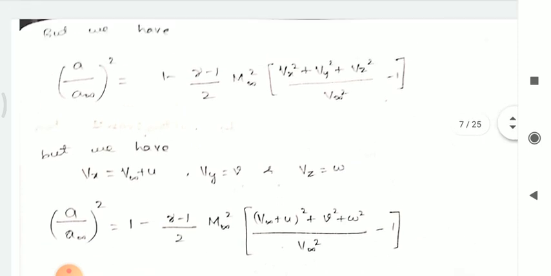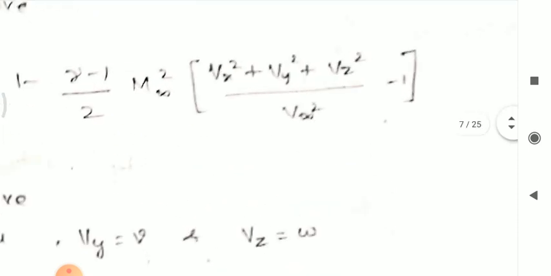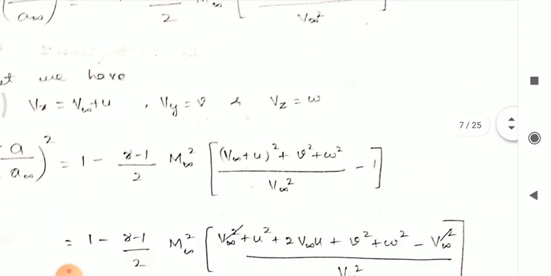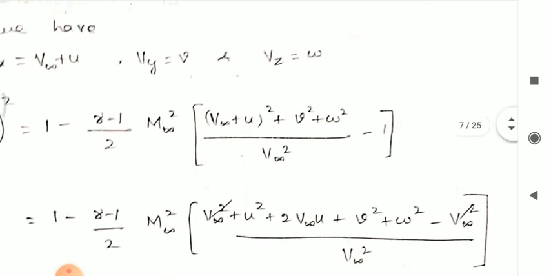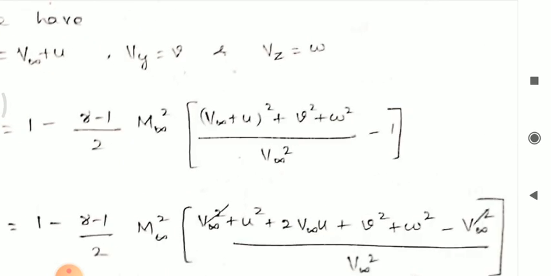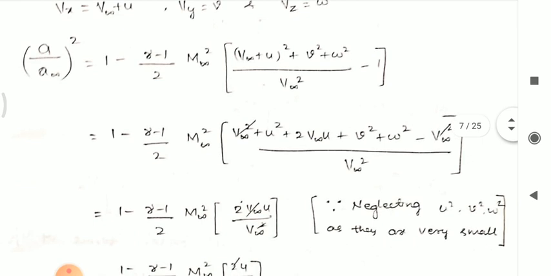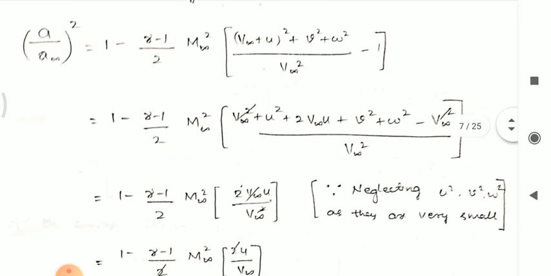Now Vx, Vy and Vz, what we had here, you have to substitute with V infinity plus u, small v and w. Then Vx becomes (V infinity plus u) whole squared, plus small v squared plus small w squared, and everything as it is. Then (V infinity plus u) whole squared, as per the (a plus b) whole squared formula, is V infinity squared plus u squared plus 2 V infinity u, and the rest as it is, and V infinity squared taken as LCM.